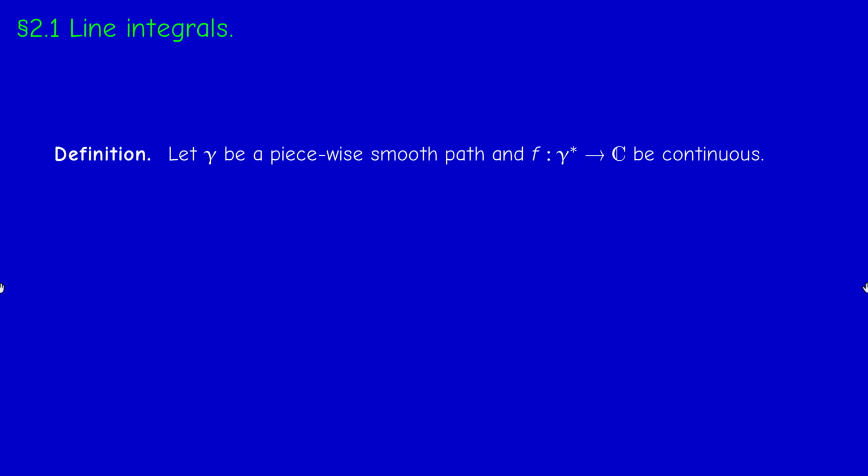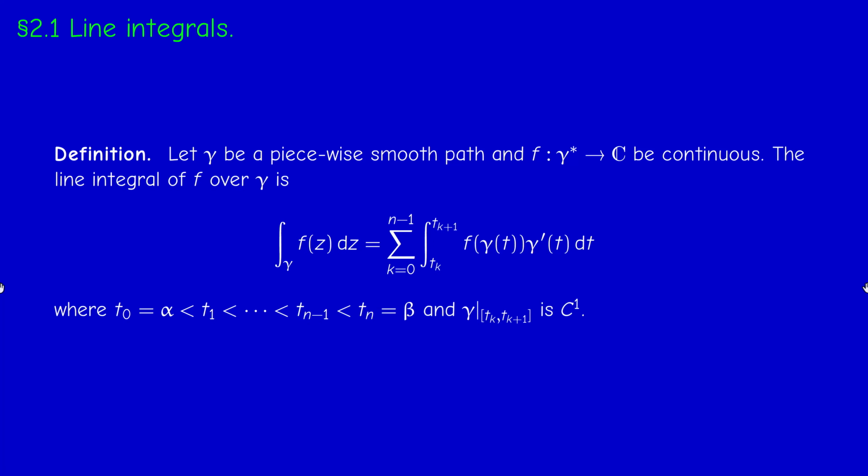So let us now define the line integral over a path of a continuous function. If you have a piecewise smooth path gamma, then there is a subdivision t0, t1, ..., tn of [α, β] such that the restriction of gamma to each subinterval is C¹.